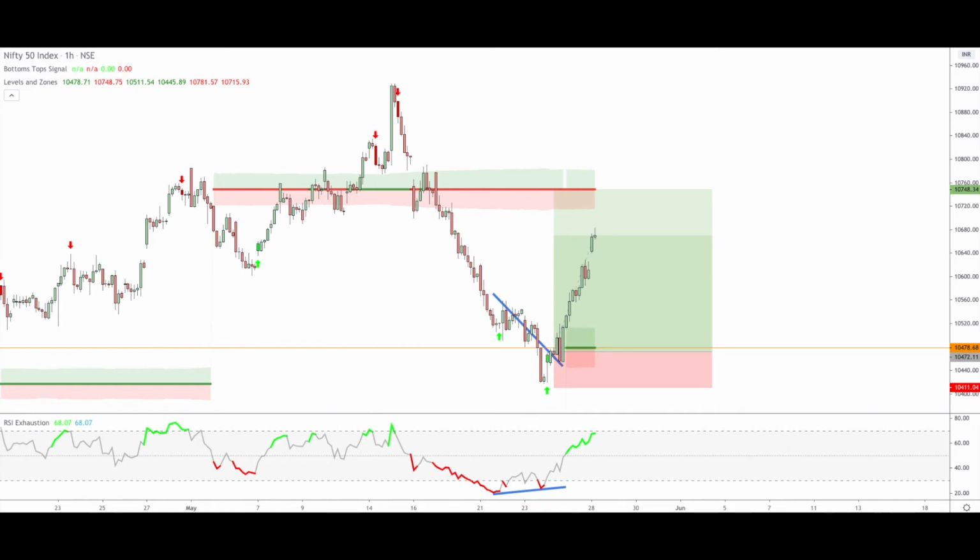I just would like to take the chance to comment on the situation with the RSI down here. As you can see, the RSI is increasing and it is exhausted. Should you get concerned about this exhaustion? Not really, because it actually means that the price is moving up.